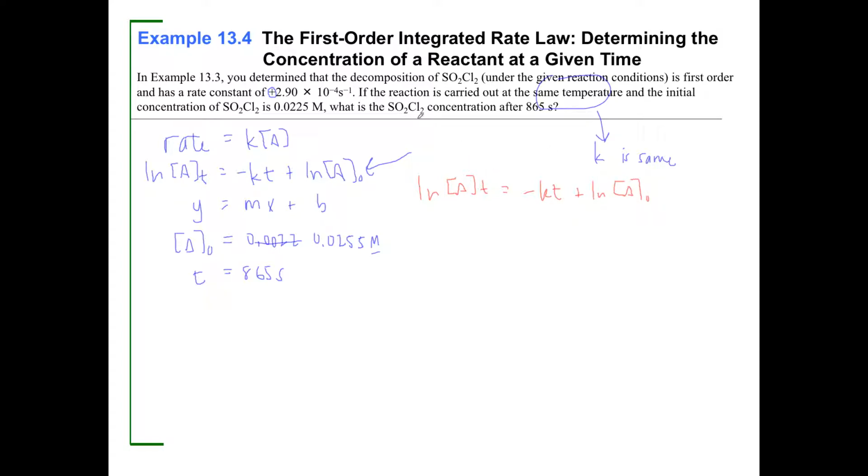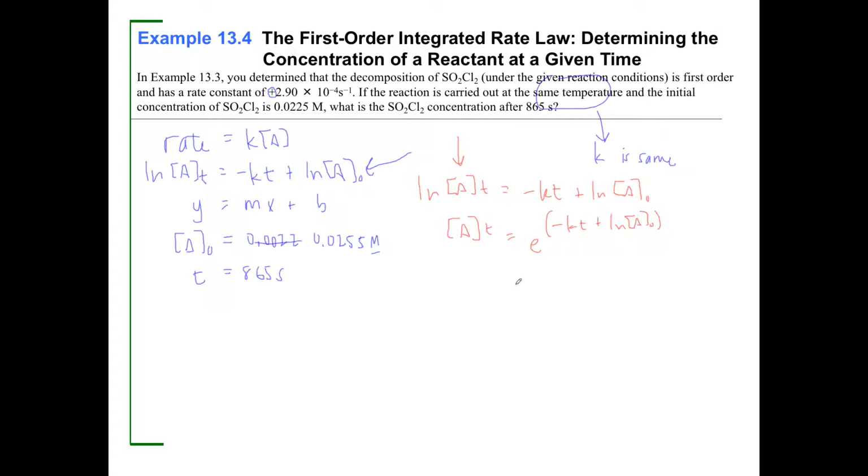So what's being asked here? What is the concentration at time t? That's what's being asked, not the ln of that, but that, okay? So in order to solve this, I'm going to raise both sides to the e, and I'm going to find that this is e raised to the minus kt plus the natural log of A0. Okay? So that's how I solve for A at time t there.